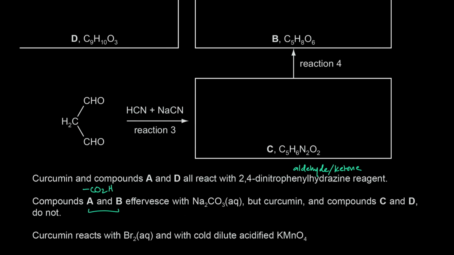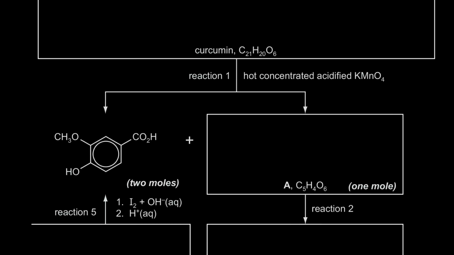It also says the curcumin reacts with bromine aqueous and with cold dilute acidified KMnO4. Now, if it reacts with cold dilute acidified KMnO4, what group is present? We have a carbon-carbon double bond present, right? Weak oxidation to make a diol. And it reacts with bromine aqueous. Now, with bromine aqueous, we're not exactly certain what groups we have in curcumin.